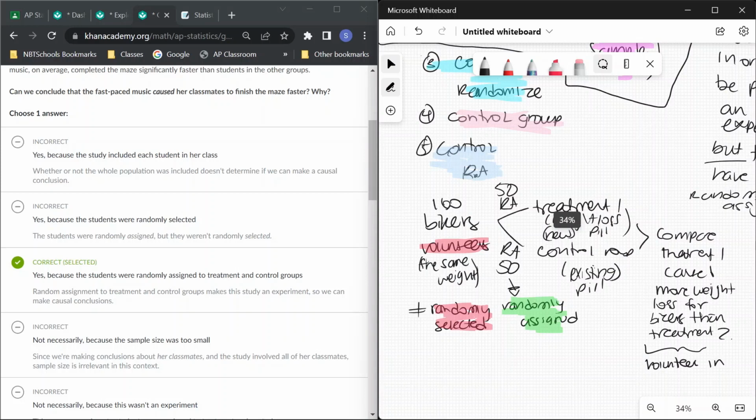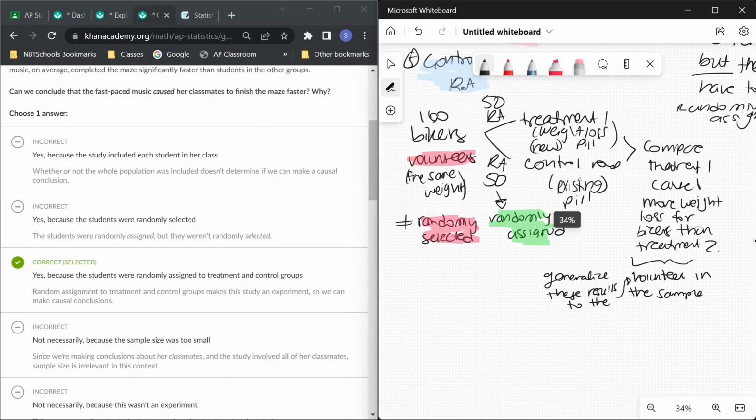Look at me making my own example. In the sample, we can only generalize these results to the volunteers in the sample, or the 100 bikers.